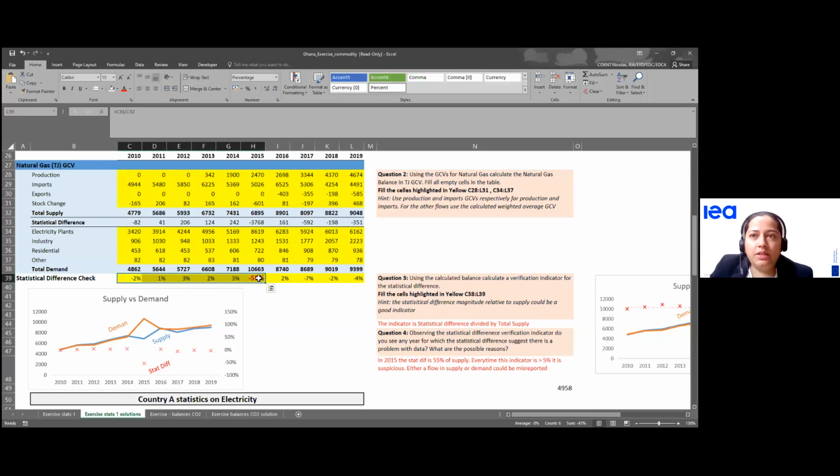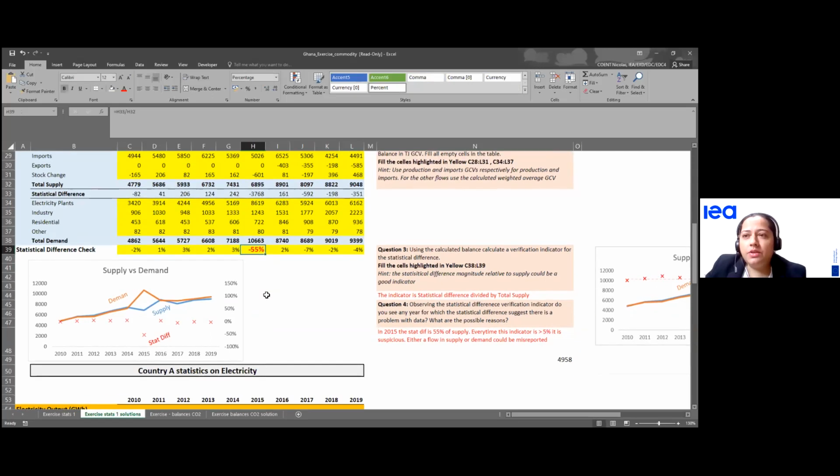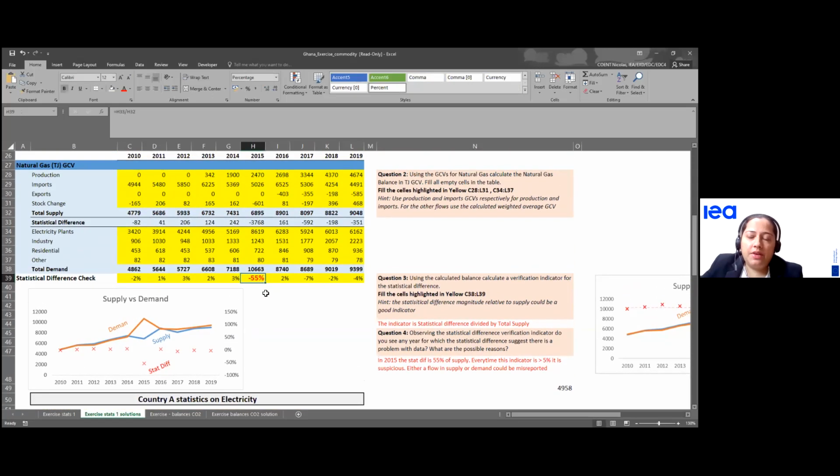But here in 2015, you have an outlier, you have minus 55%, which makes you think that something might be wrong in the data that has been sent to you. And so every time an indicator is higher than 5%, it's suspicious and shows that either the supply, a flow in supply or in the demand has been misreported.